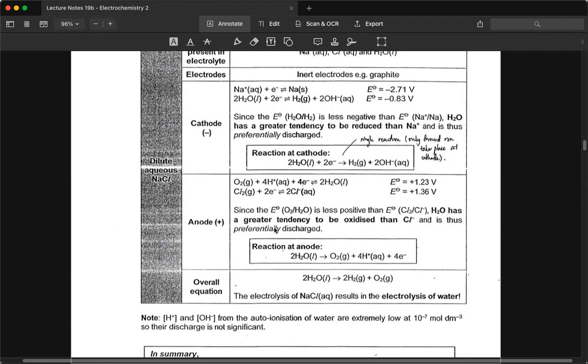So you need to flip this over to see that we are talking about oxidation. So this is less positive, so more likely.